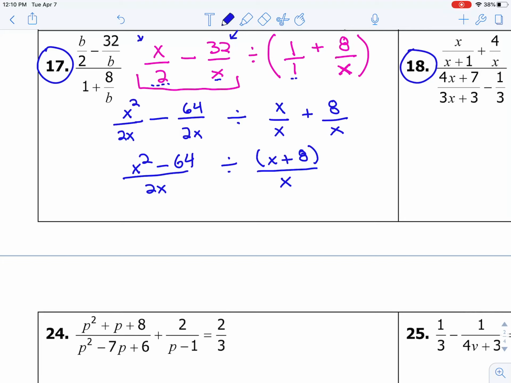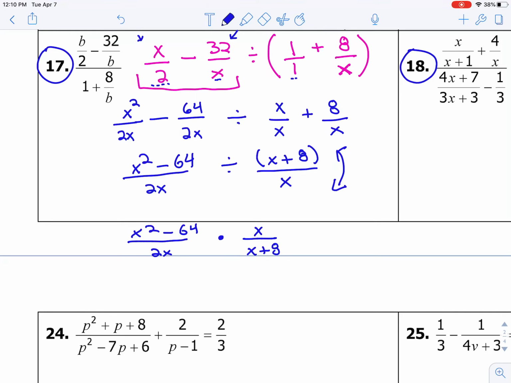So first of all, I know that I need to switch this. I'm going to have x squared minus 64 over 2x, and this is going to become the multiplication of x over x plus 8. Okay, starting to get easier now.